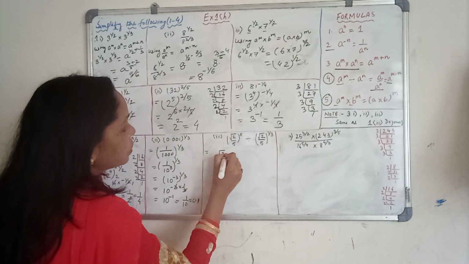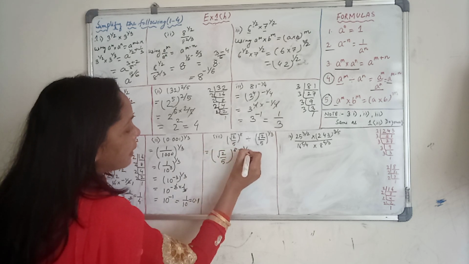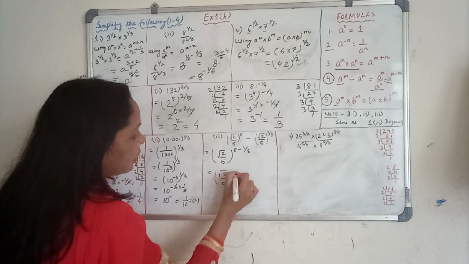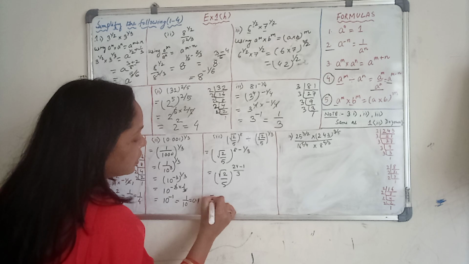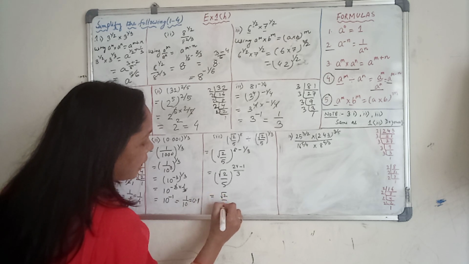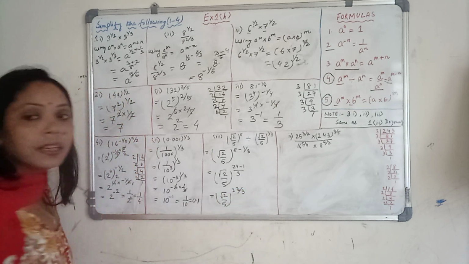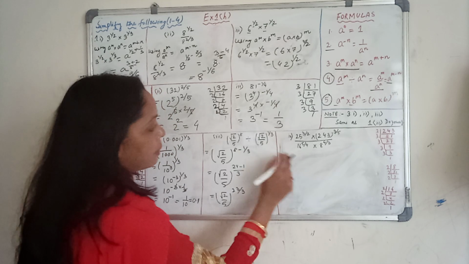So root 2 by 5 power 8 minus 1 by 3. So root 2 by 5, this is 3 as the LCM. 24 minus 1. So root 2 by 5 power 23 by 3 is the answer.